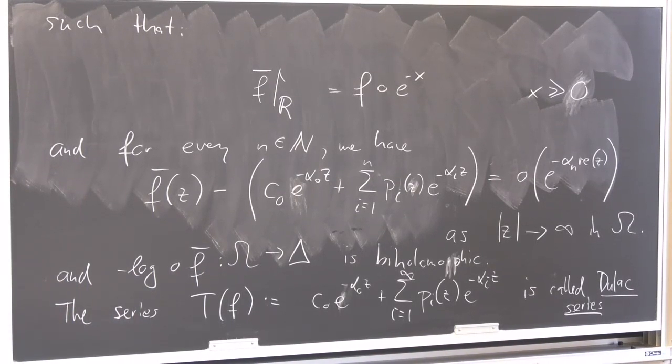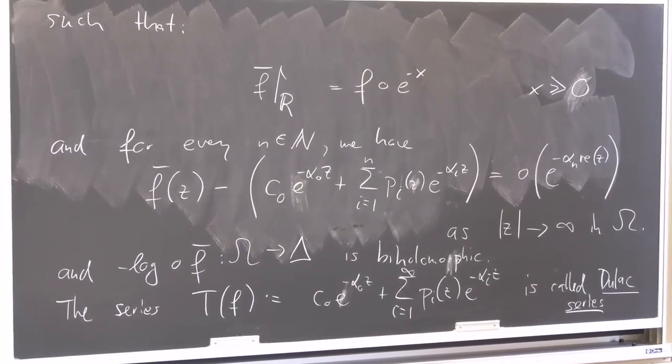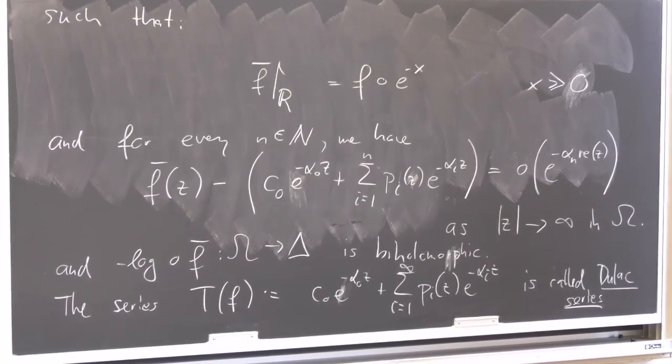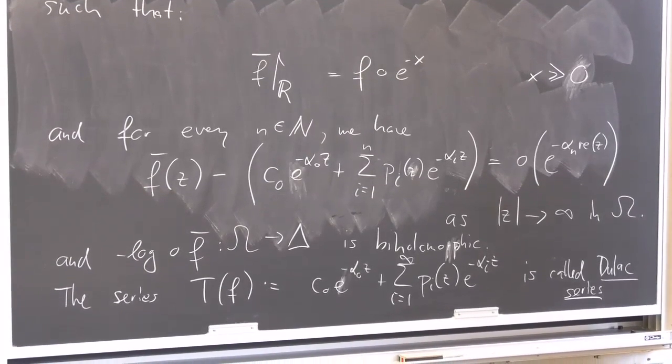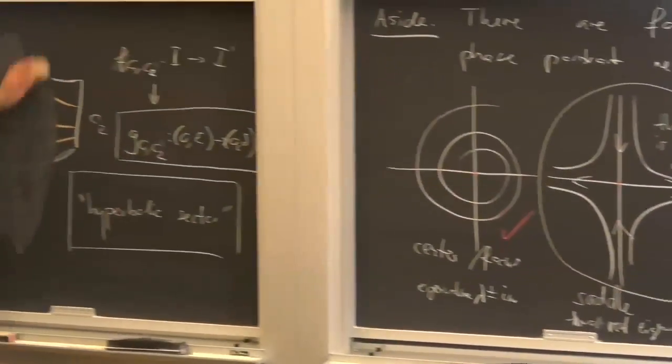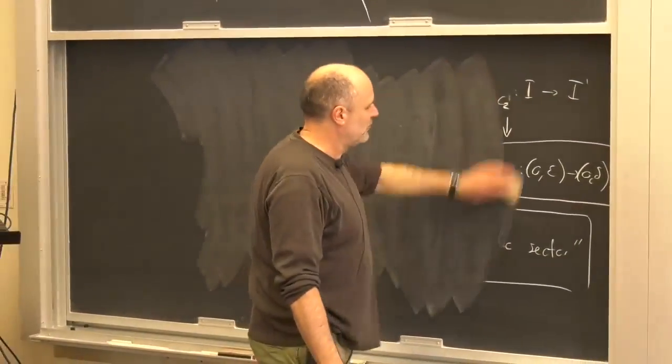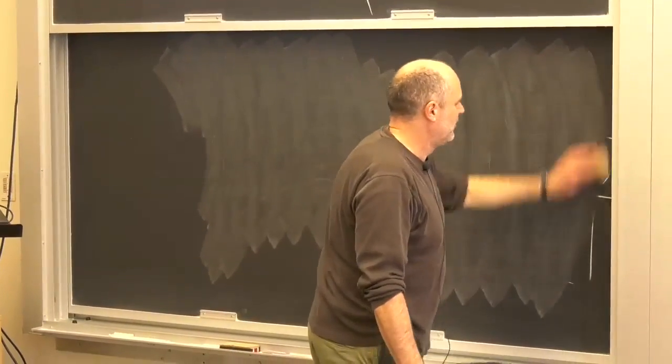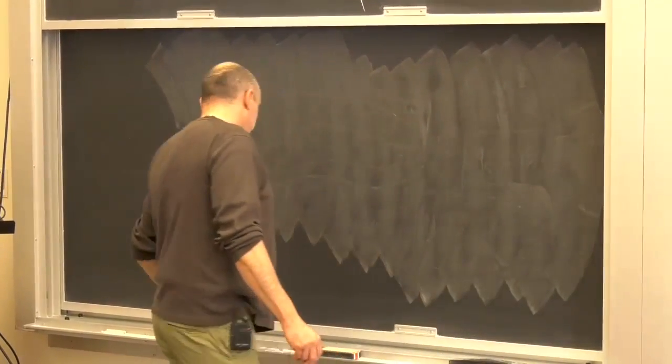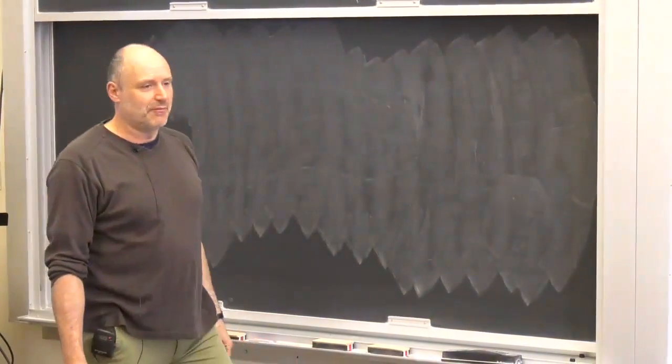On the other hand, if you look at the Dulac series just as a formal object, what do you get if you compose two Dulac series?